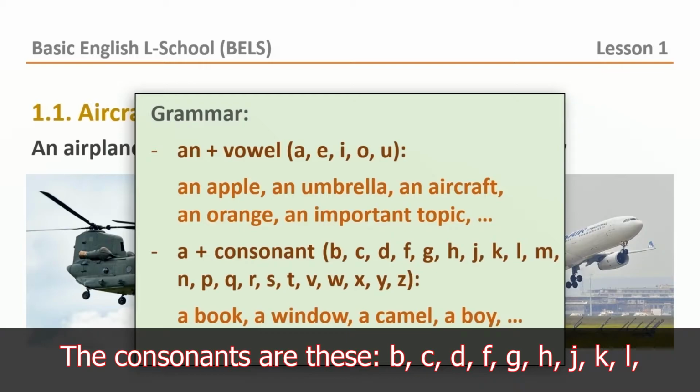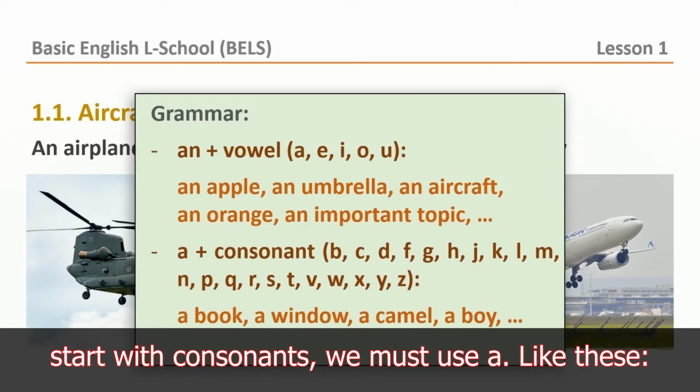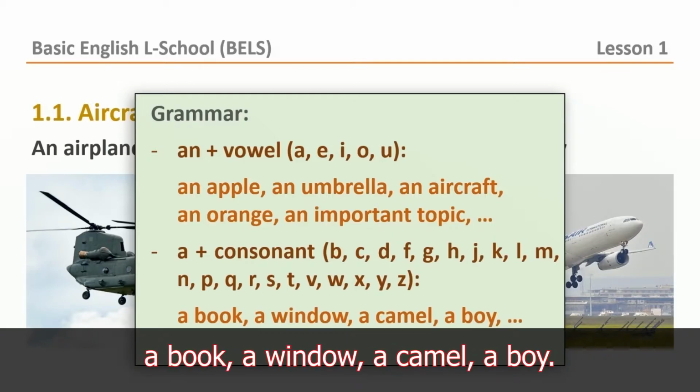The consonants are these: B, C, D, F, G, H, J, K, L, M, N, P, Q, R, S, T, V, W, Y, Z. Before words that start with consonants, we must use a, like these: a book, a window, a camel, a boy.